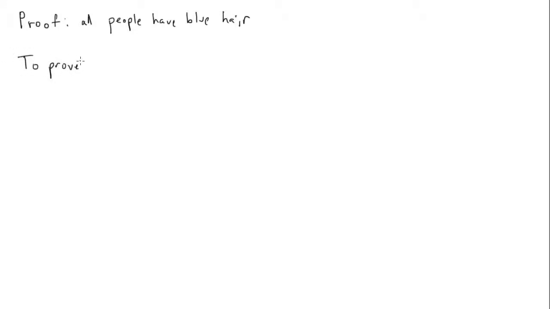To prove it, I would have to march every single person, so person 1, and I'd have to look over at person 2, and so on. I'd have to check every single person and see whether or not they did, in fact, have blue hair. This means checking every person.